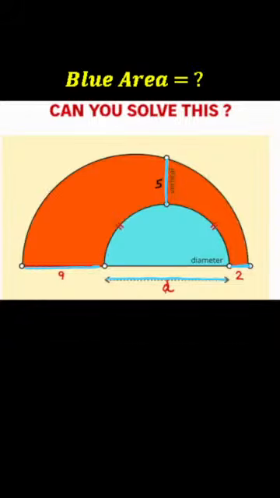X is equal to d by 2. Okay, x minus d by 2. Okay, quite ambiguous. So what is the final answer?